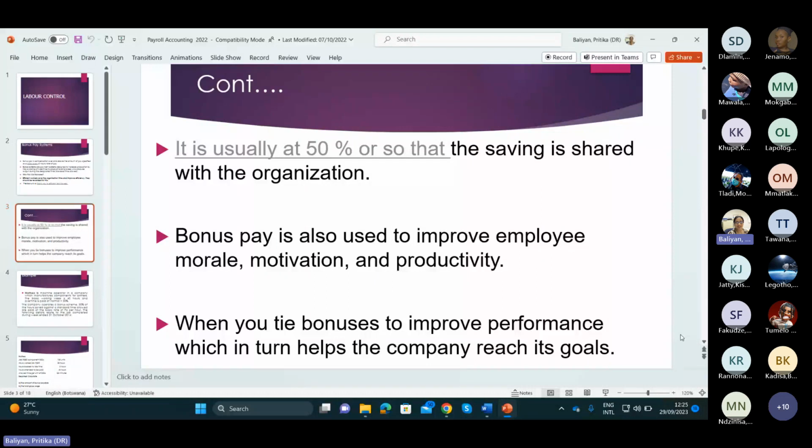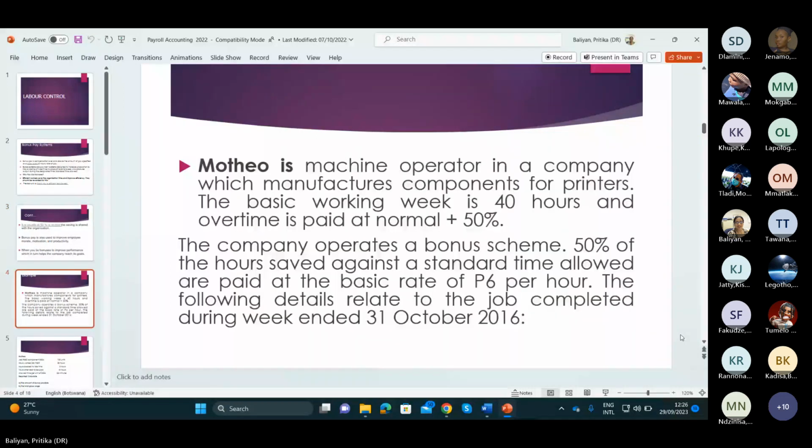Now to understand this, I'm using this example. Mateo is a machine operator in a company which manufactures components of printers. The basic working week is 40 hours in a week, and overtime is paid at the normal rate plus 50%.